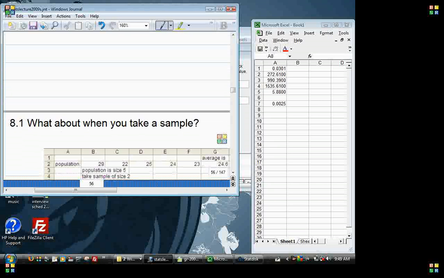Now what is something else that we can calculate? Standard deviation, absolutely. Now we're finding the standard deviation for the population. What is the notation for that? Sigma.